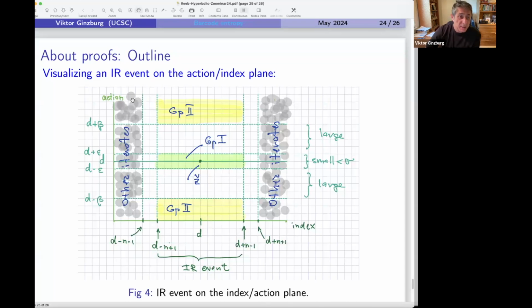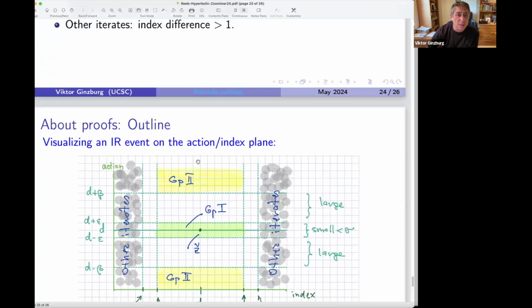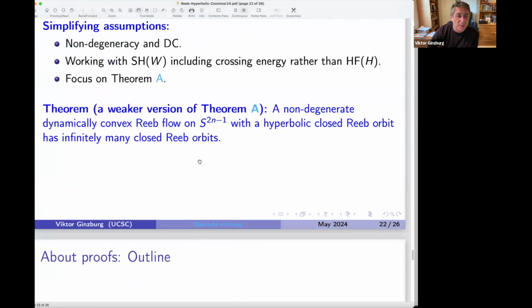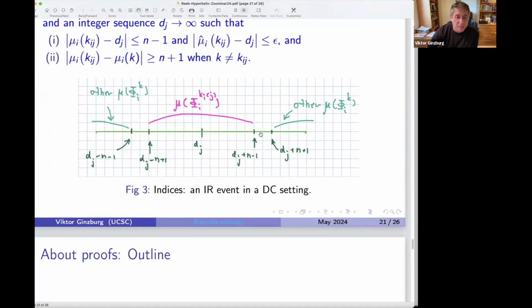All other iterated orbits will have indices somewhere here, and the index difference with the hyperbolic orbit is greater than 2. So because of this region, because on the previous picture of this gap.